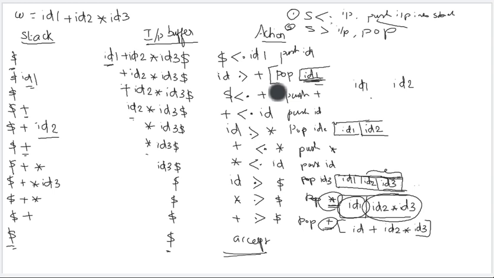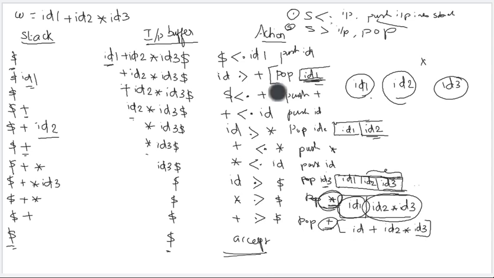So ID2 is being popped out. So a node is created for ID2. Then ID3 is popped, which means a new node ID3 is created. Then comes the star operator, and the star operator is performed between the top two elements, which is ID2 and ID3.